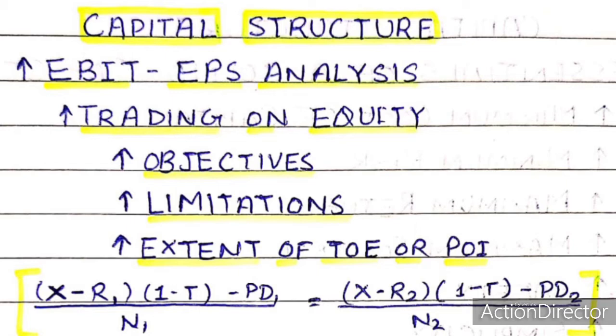In other words, trading on equity is advantageous when the rate of interest on debt is less than the average rate of return, otherwise not. In the above example, if the average rate of return is 5%, the company will earn a profit of rupees 15,000 at the rate of 5% on its total capital of rupees 3 lakh.